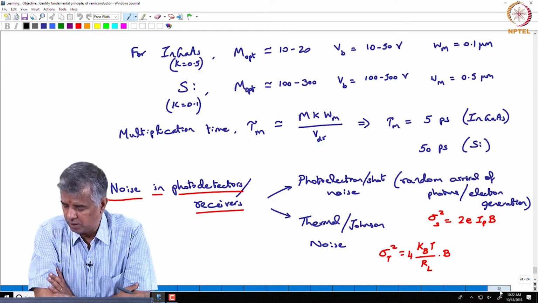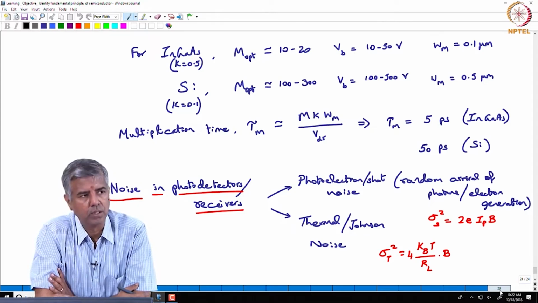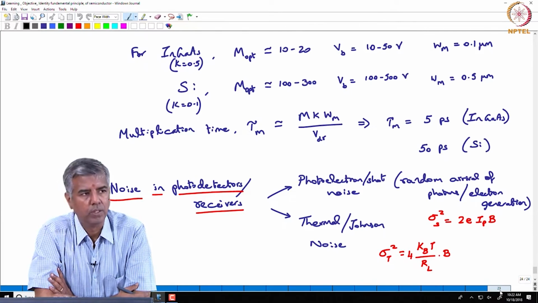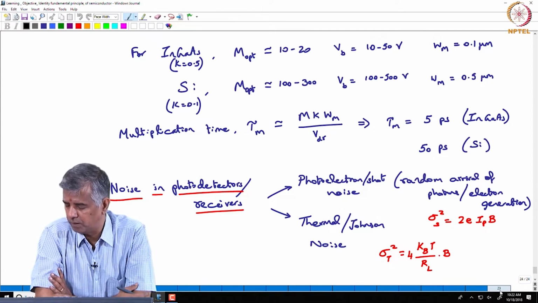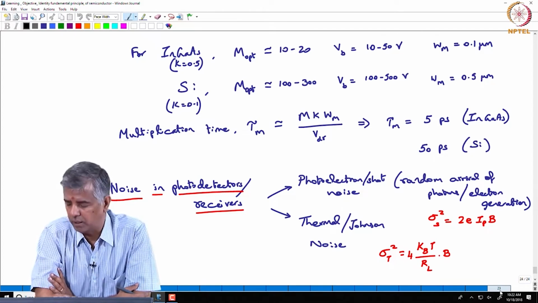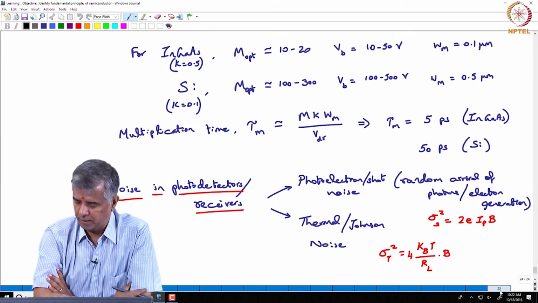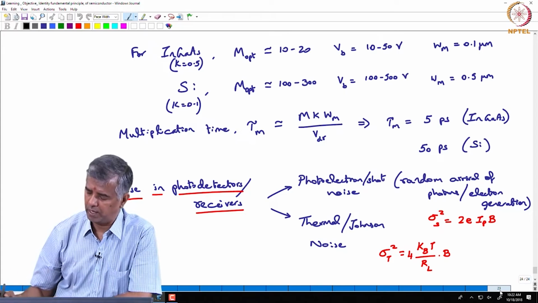Similarly, you have the thermal noise, which is given by this expression, and is due to the fact that the current flow inside a resistor tends to be random in nature, and that depends on the value of the resistor.